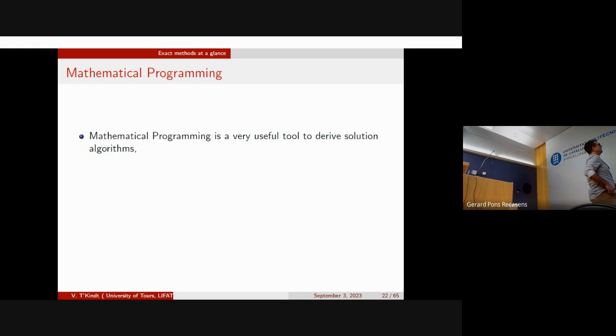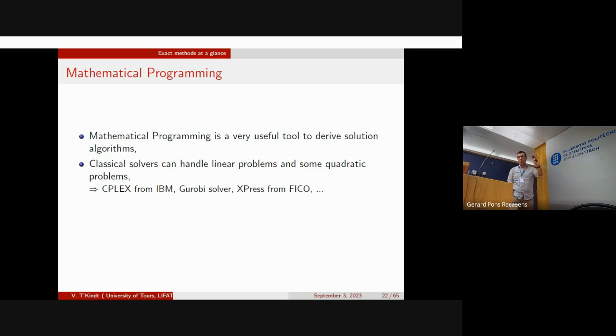So exact methods, mathematical programming is a very useful tool to derive solution algorithms. That's the basic thing that you have to do when you're faced with an optimization problem and you want to compute the optimal solution for an NP-hard problem. I don't talk about solving exactly polynomial-type problems, because these are very particular.